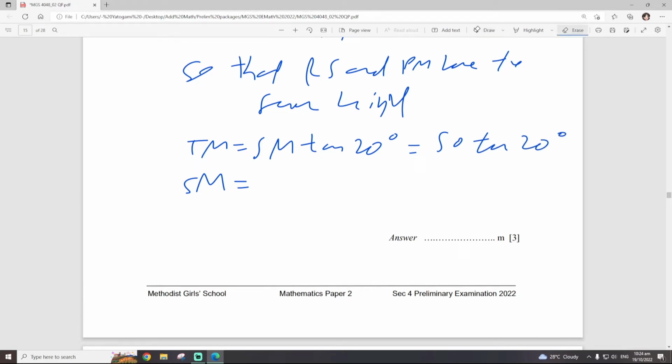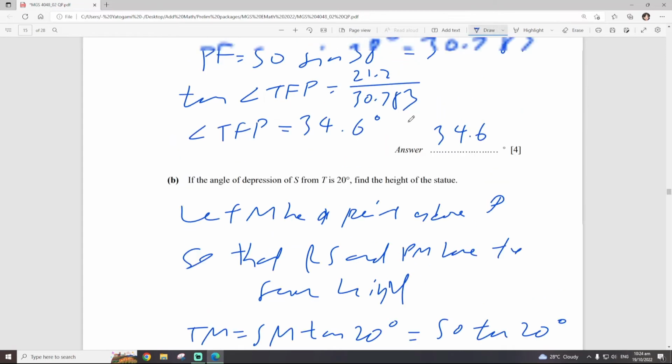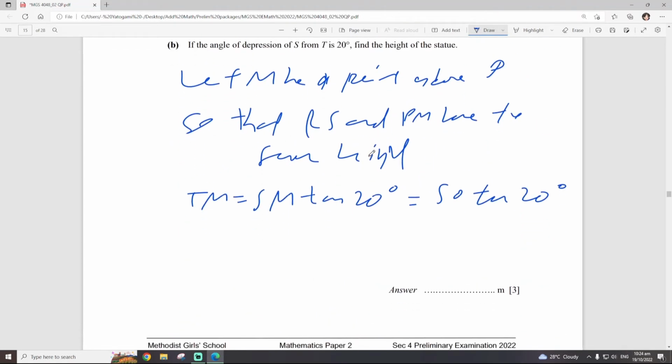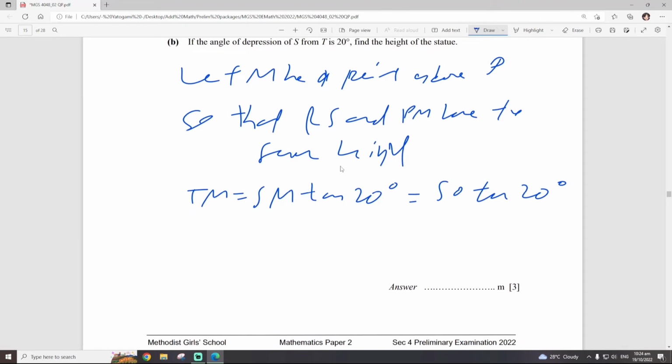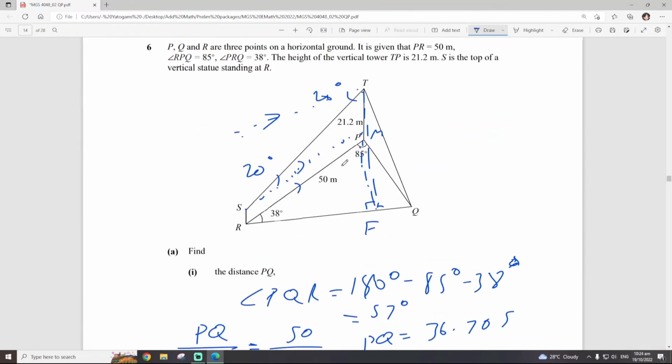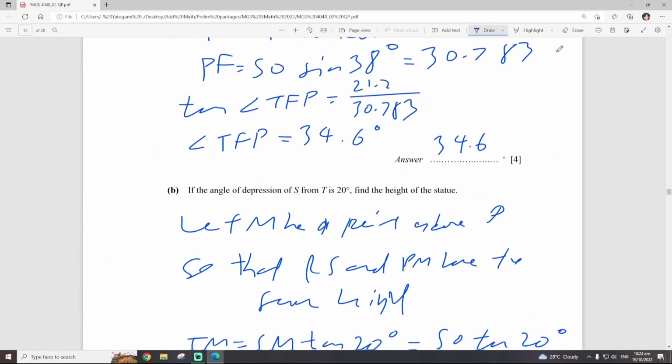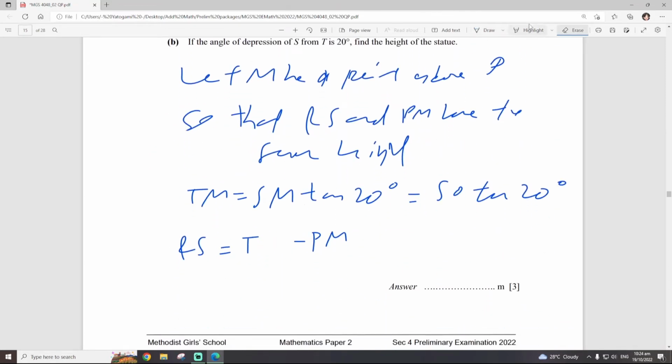So one can find, because PM and RS, so RS equals to TM minus PM, or rather, no, TP minus TM. Okay, RS equals to PM equals to TP minus TM.